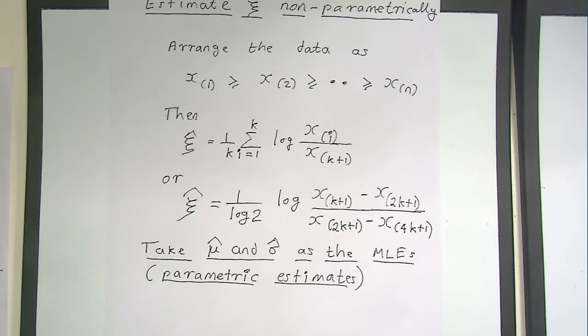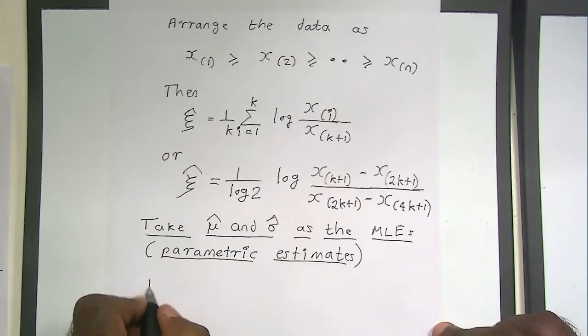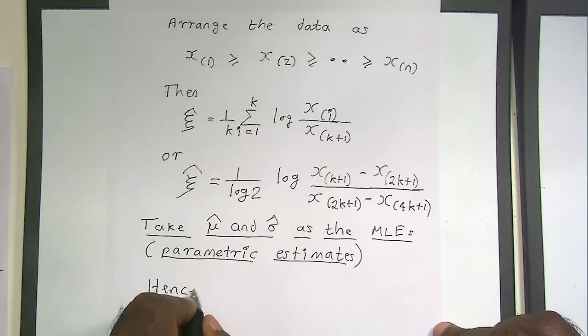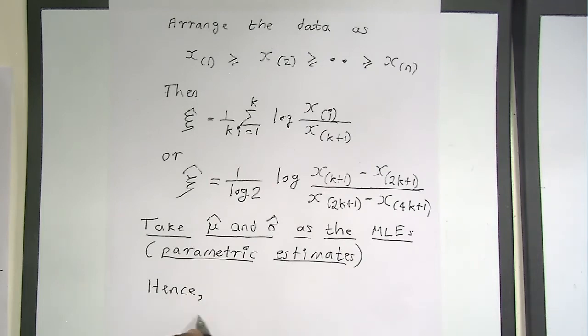So when you say MLE, it's automatically a parametric estimate. So I've taken mu hat and sigma hat as the MLEs that we talked about earlier in the course. If you look back at the notes for GEV, you will know what these are. And I've taken psi hat to be the non-parametric estimate. So hence, just to finish off, just give me a sec.